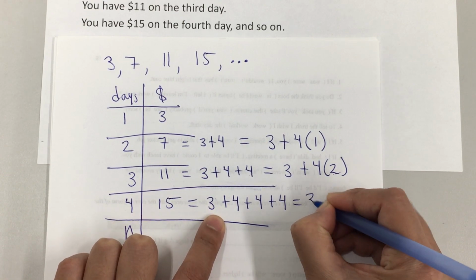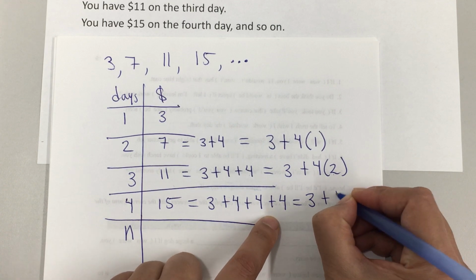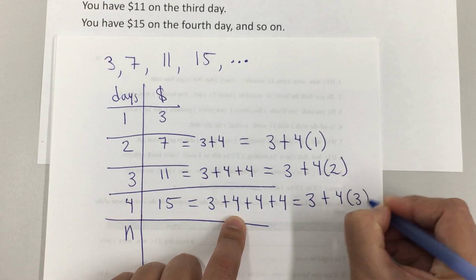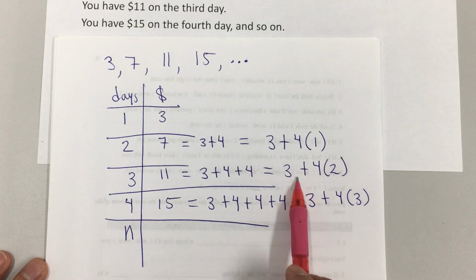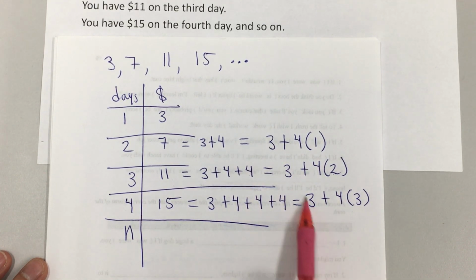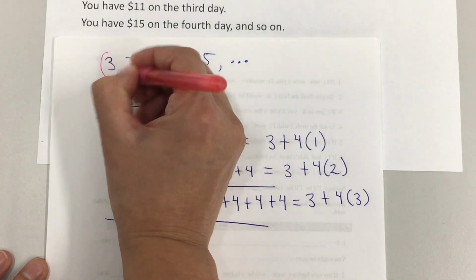In here, I have the 3 from the first day, and I'm adding 4. How many of those days am I adding 4? 3 days, okay? So right now, if you can notice a pattern, I have the initial point, right? The initial point.